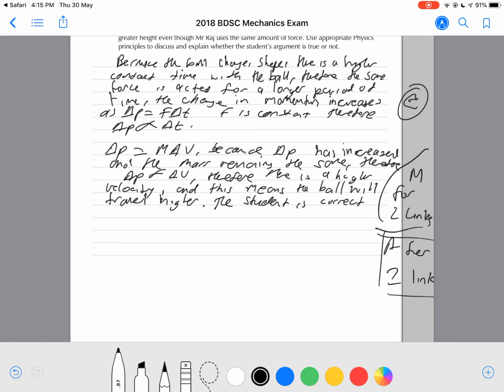Okay, so I'll go through the marking schedule. For E8, you need an E plus 2 merits.